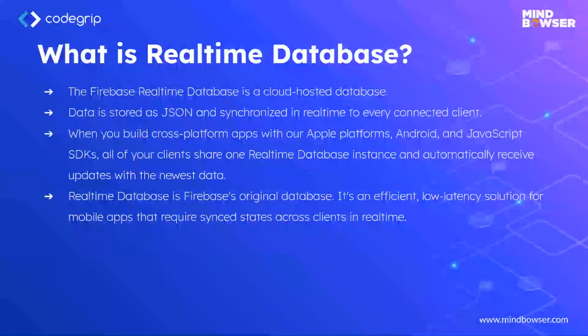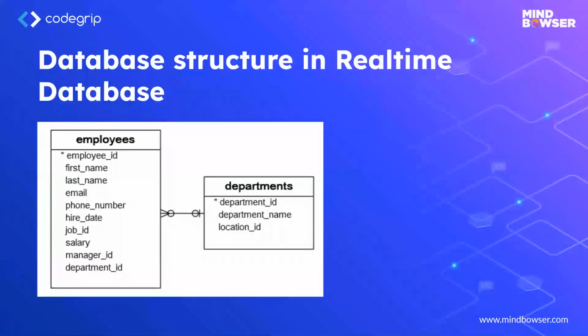So next was database structure in a real-time database. Real-time DB supports JSON structuring, and it is shown in a tree structure format in the real-time DB console. We can also say that real-time DB is a cloud-hosted JSON tree, in which whenever we create or update data from any node, it is saved in node format.